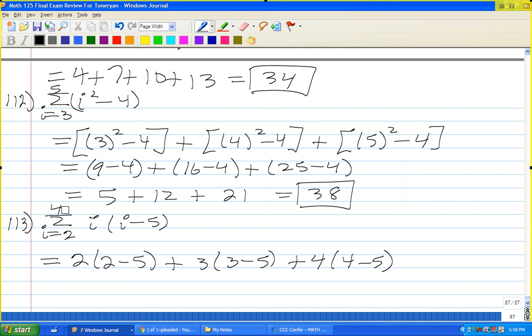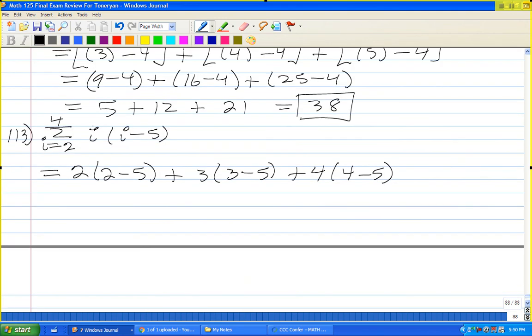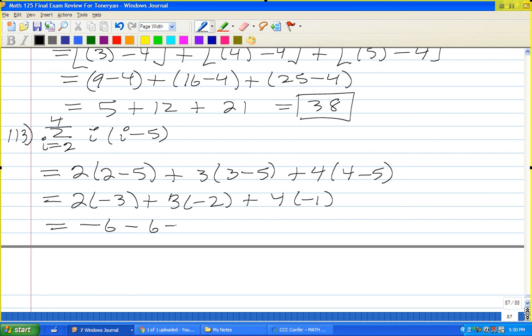So it starts at 2 and ends at 4. So let's compute this. So this is 2 times negative 3, 3 times negative 2, 4 times negative 1, negative 6, negative 6, negative 4, negative 16.